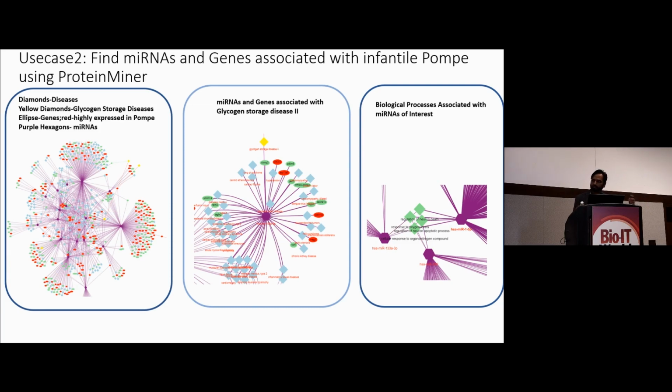Remember, I started with the gene expression data, so there are genes which are highly expressed in control in comparison to the disease, and there are genes that are highly expressed in disease in comparison to the controls. So I can color them either red or green based on which spectrum they fall into. And then I have these purple hexagons, which are microRNAs.